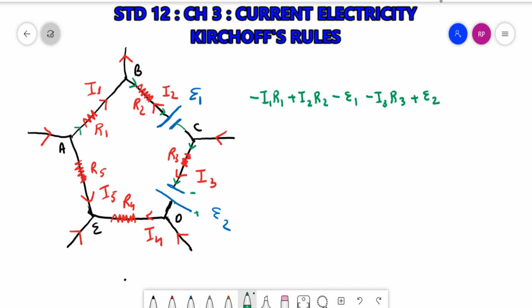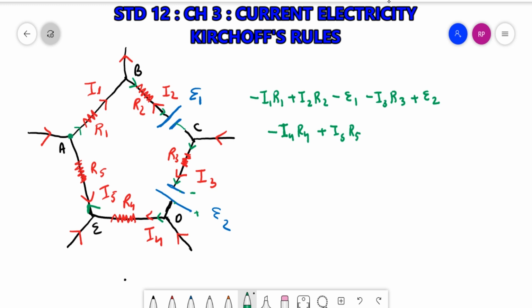Now moving from D to E, same direction as current, so minus I4 R4. Because my direction and the direction of current are the same, so minus IR. From E to A, it is opposite direction, so I will use plus IR. So plus I5 R5. I reach back to point A.